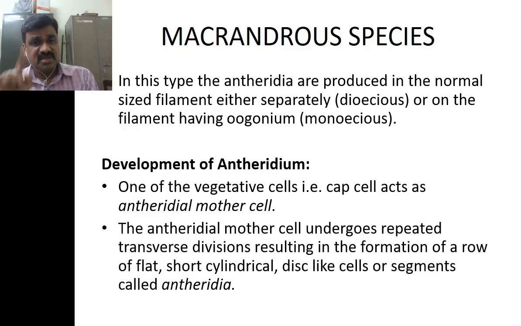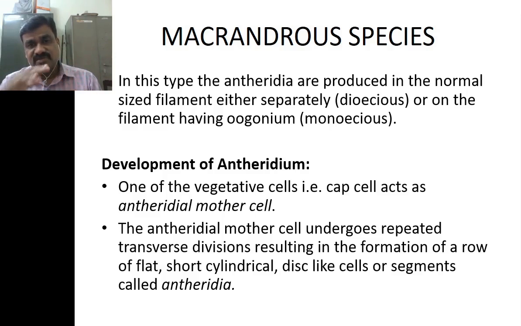Then what happens? This antheridial mother cell undergoes repeated divisions. Transverse divisions occur on this antheridial mother cell, and this transverse division results in the formation of a row of flat, short, cylindrical, disc-shaped cells. These short cells, what we call antheridial cells.